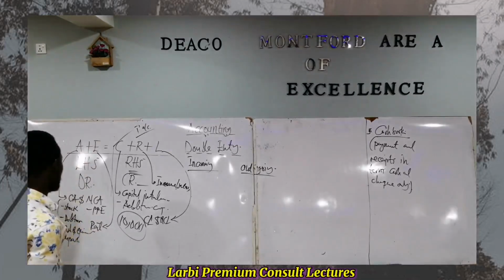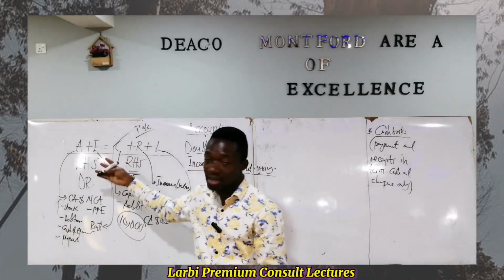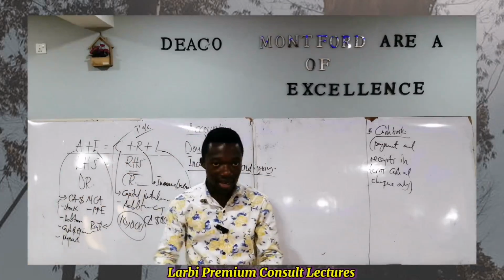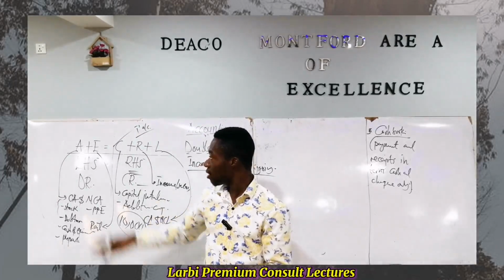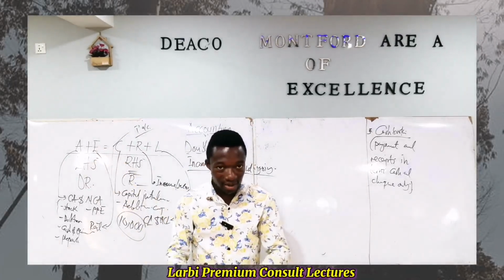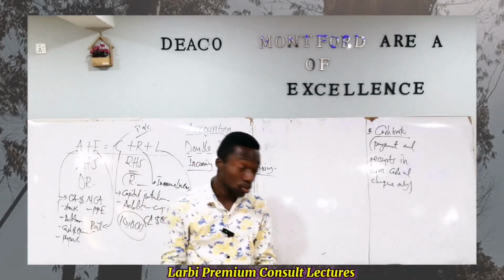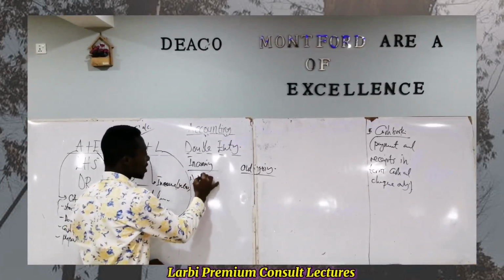So if we have an item that falls under the assets and expenses, in general terms, all items that fall under assets and expenses, if it is an incoming item, it is supposed to be debited.